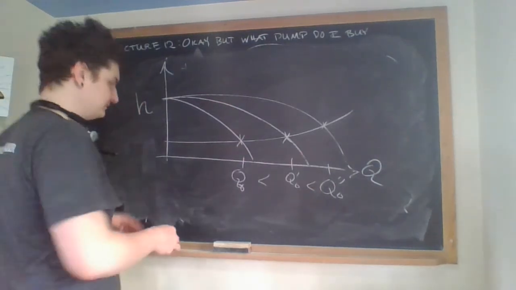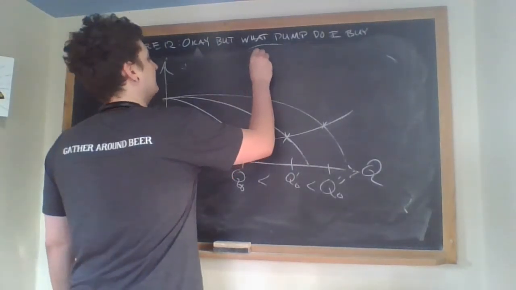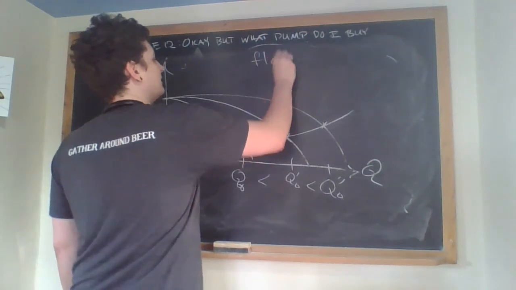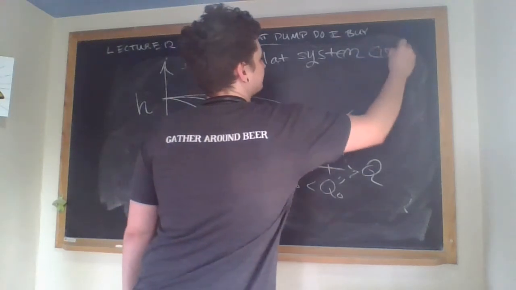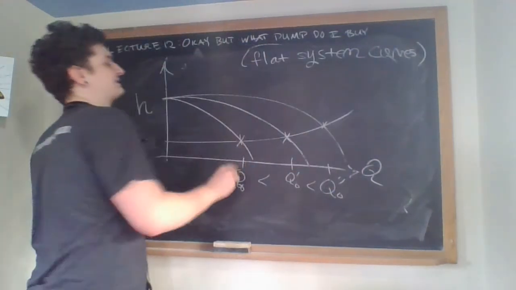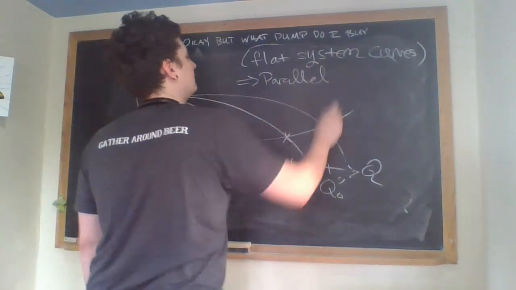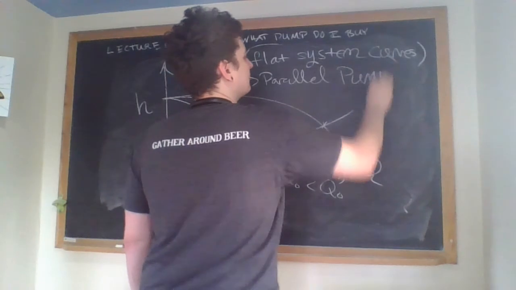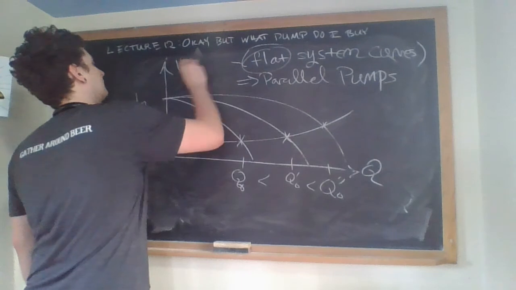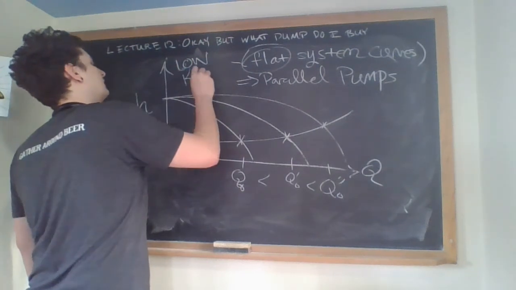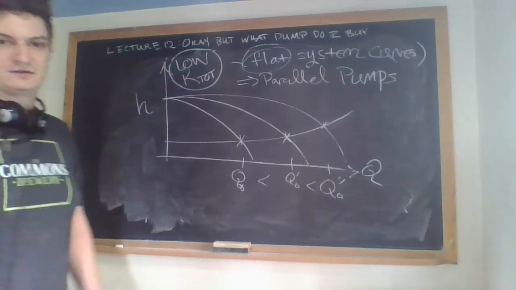So the whole point of parallel pumps is for flat system curves. Parallel pumps. And what does flat mean? Low, small K total values.